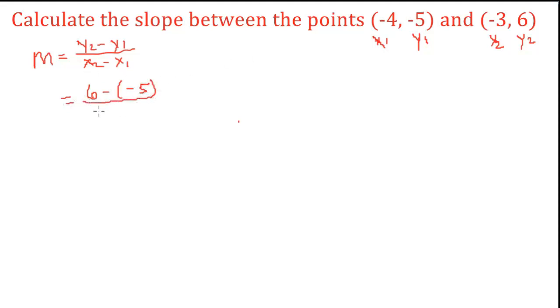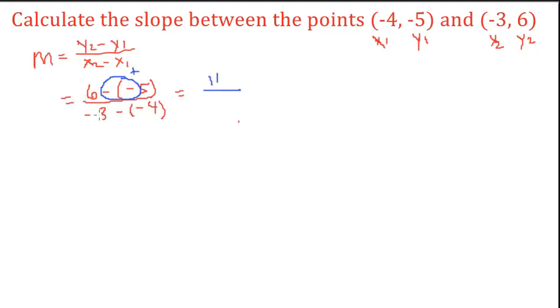And then x2 minus x1, x2 is -3 minus -4. So what does it mean when we do minus a negative? Well, minus a negative is really the same as plus. So 6 plus 5 is 11.